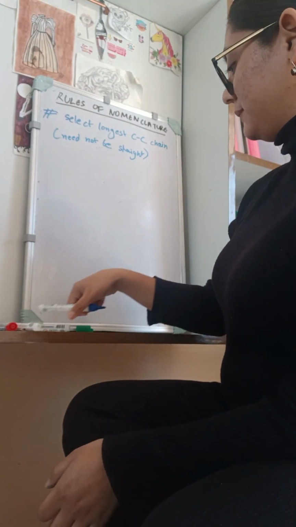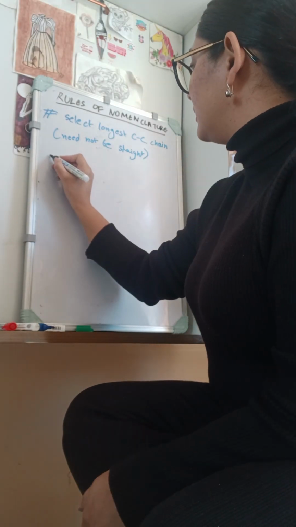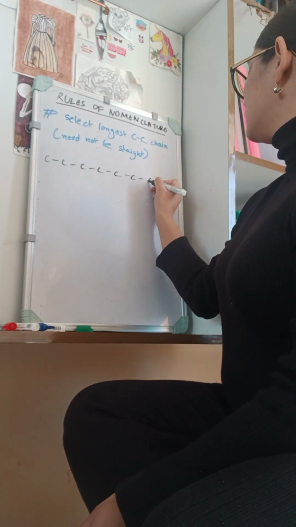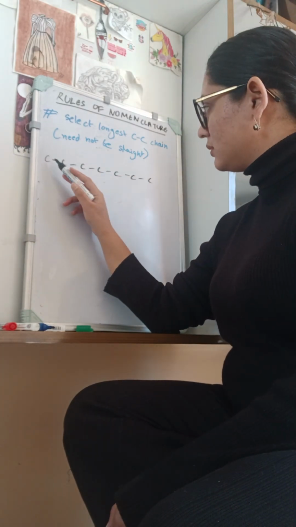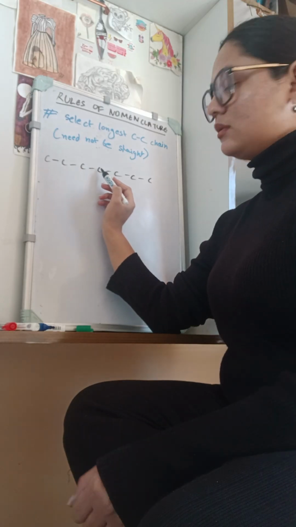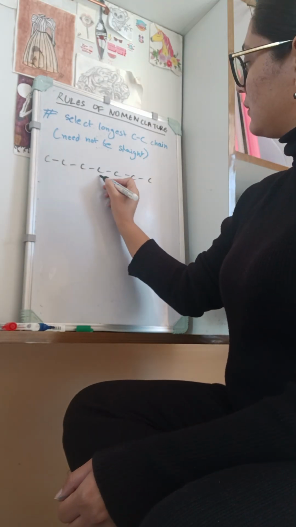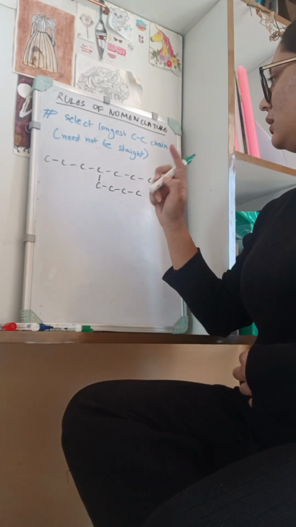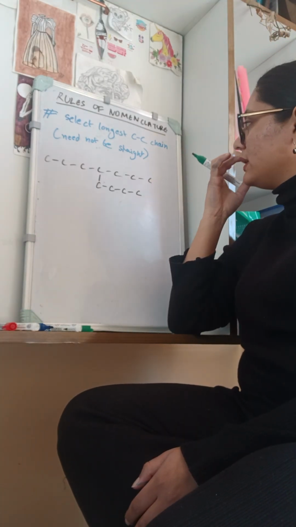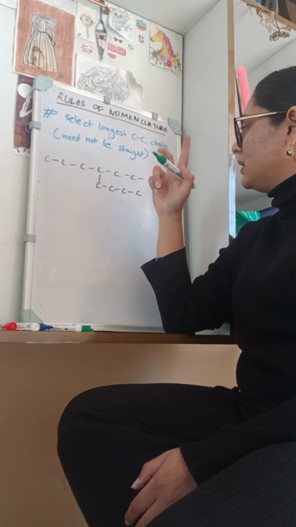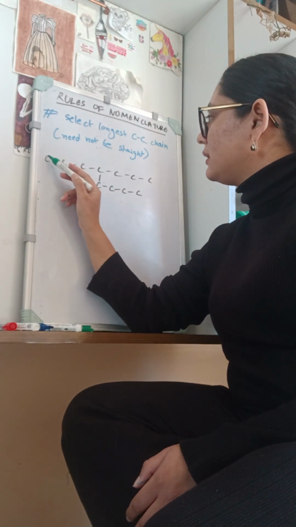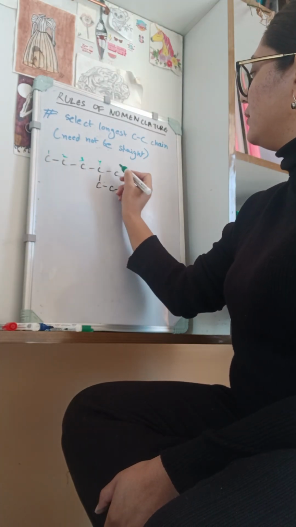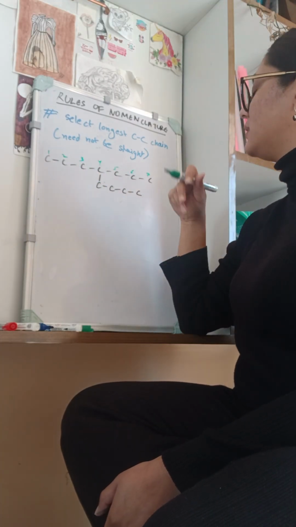Now, for example, we have a structure with carbons 2, 3, 6, 7, and now we have to find the longest chain in this. There are two options. Either we can take this whole chain, 1, 3, 4, 5, 6, 7.